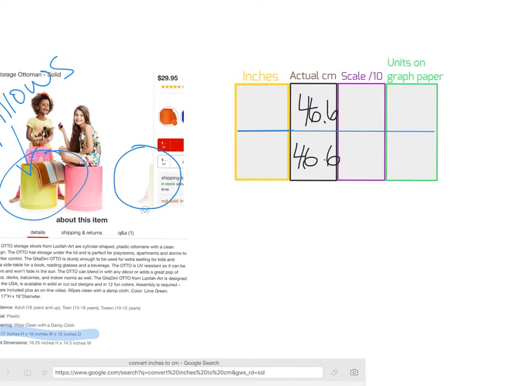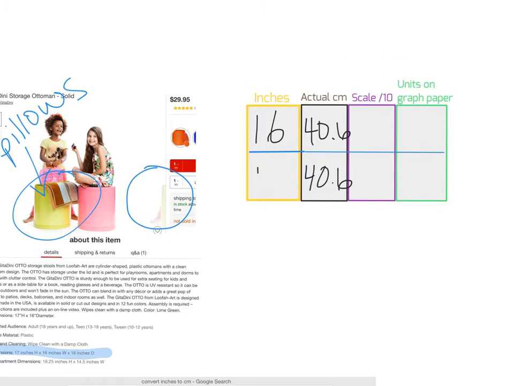It's important to get it right. Okay, 40.6. It's the same on both. And I meant to write in my inches. So it was 16 inches, sorry. When I converted it using Google, it told me that 16 inches is equal to 40.6 centimeters.